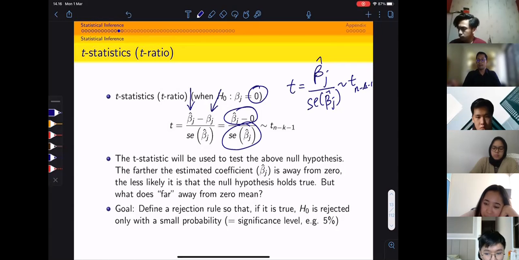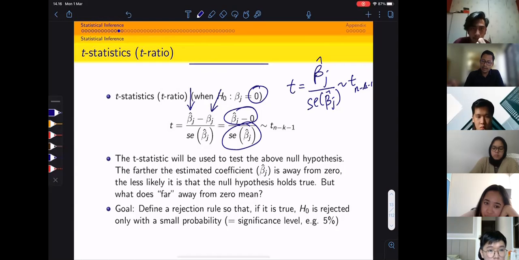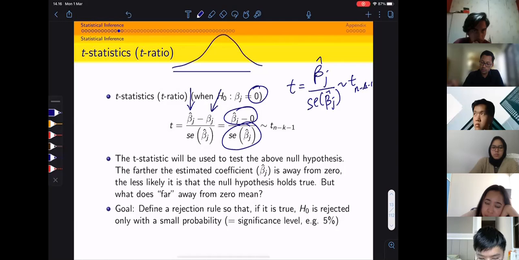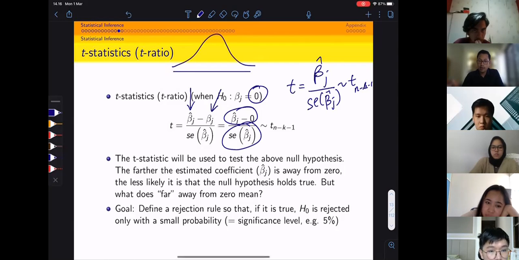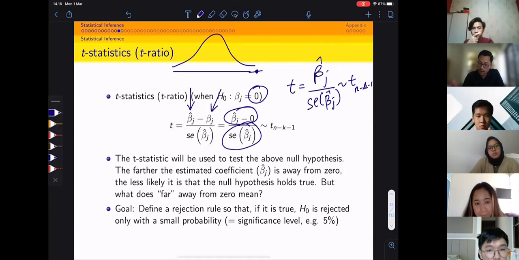Let's assume this is a normal distribution, which is very hard to draw. Suppose we get an estimate here.